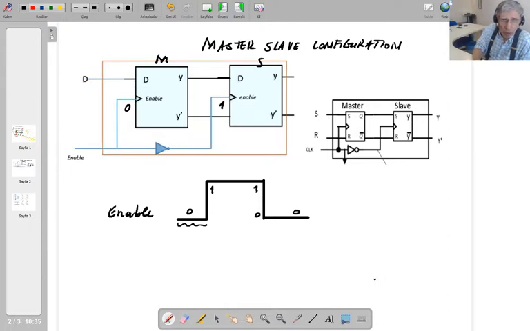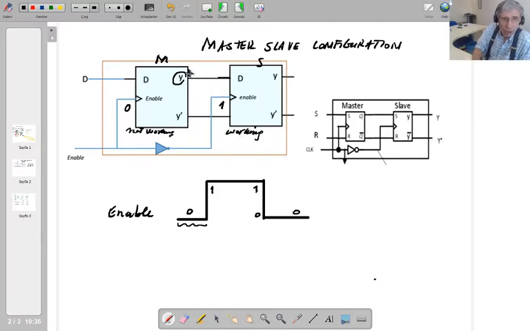So this one is working and this one is not working. When this is not working, it is in the present state. That is the present state of the first memory element, the first D-type memory element.